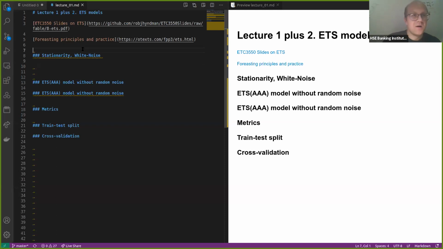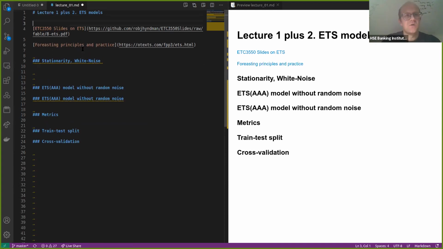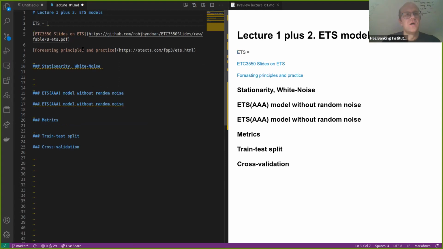Okay, here is a short plan for today. Lecture 1 and 2. In lecture 1 and 2, we will discuss ETS models. ETS stands for error, trend, and seasonality models. Here I have provided 2 links if you'd like to read more.